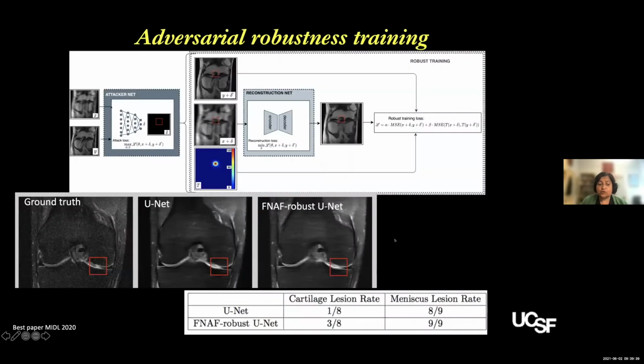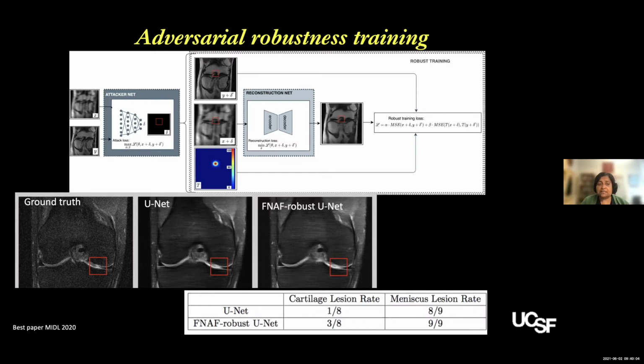This was work which actually won the best paper from Valentina's group at MIDL, with Kevin Young and Francesco Caliva leading the study, where they essentially had adversarial robustness training. They had the ground truth. This was the U-Net reconstruction, and this is the robust reconstruction using this adversarial training in terms of detecting lesions.